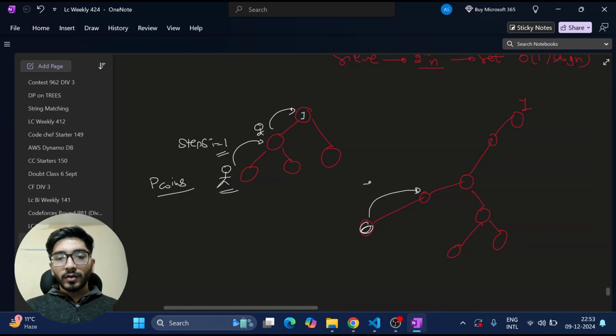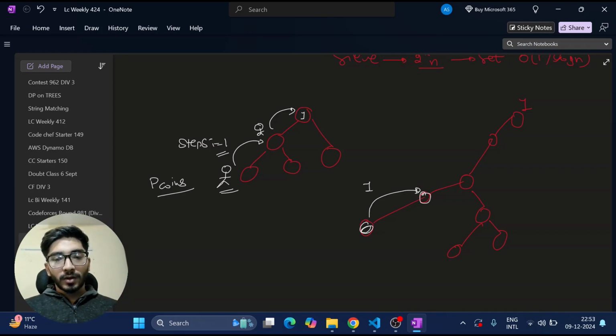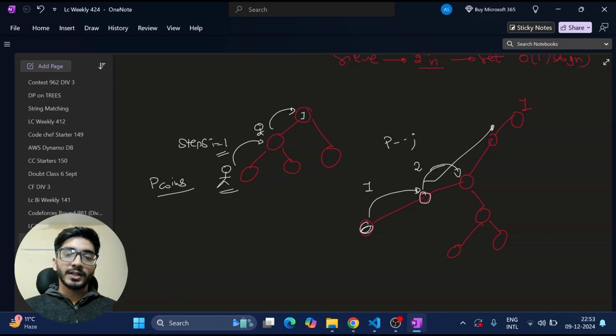If the step is odd, it's going to move in the direction which takes it towards vertex 1 for sure. Similarly, for the second move, or second step, if you have some coin, you can pay that coin, and then you can move towards vertex 1. So this is the path which is taking me towards vertex 1.